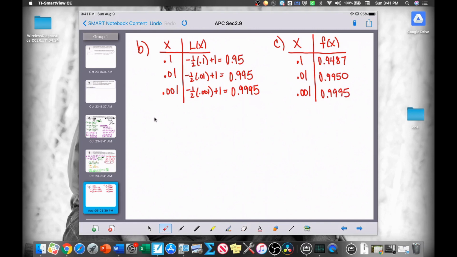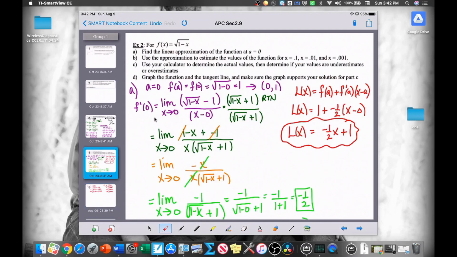All right. So then the second part of part C is determine if your values are underestimates or overestimates. So if we go back here to this problem, what part C is really asking us right here is, does our linear approximation give us values that are bigger or smaller than the actual values of the function?